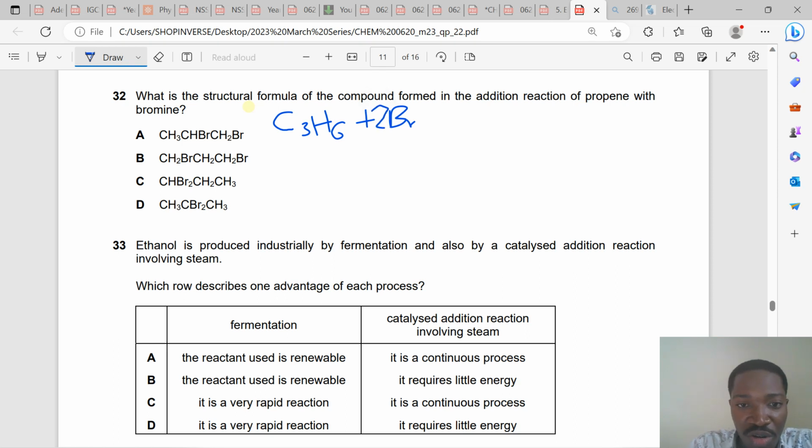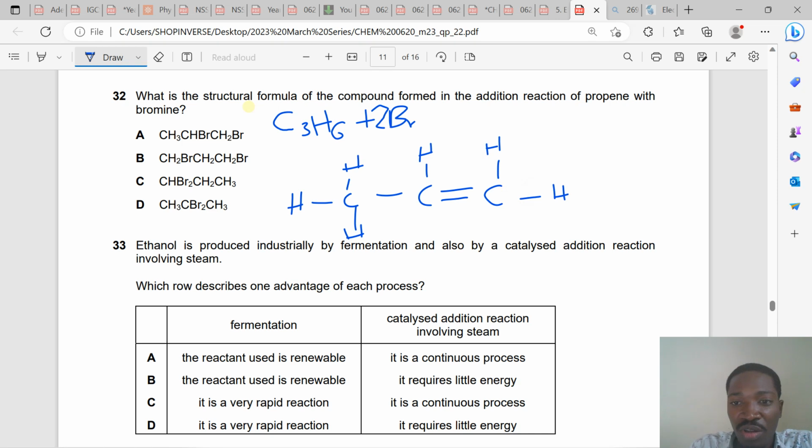Let me just draw the structure. H, H, H, C, C, C, H, H. This is propene. Now, when you add bromine to this, one bromine cannot just attach itself to this while this one becomes hanging.